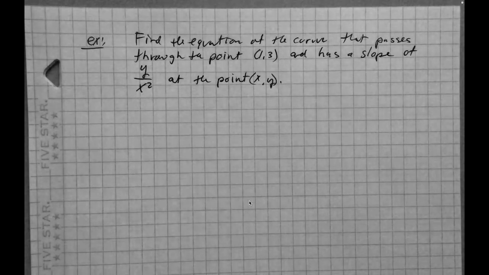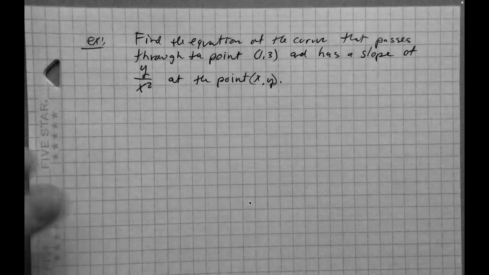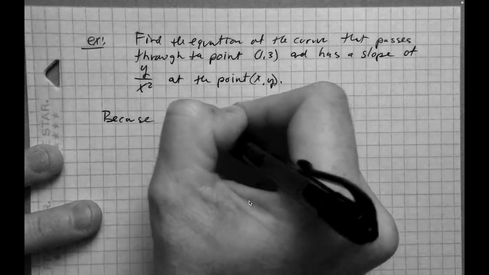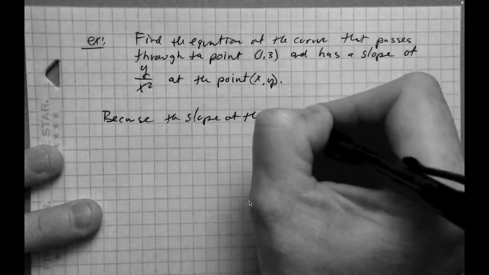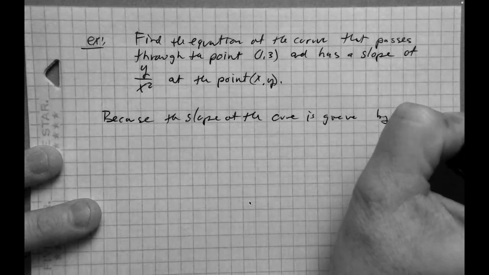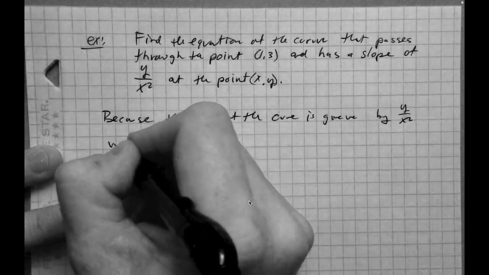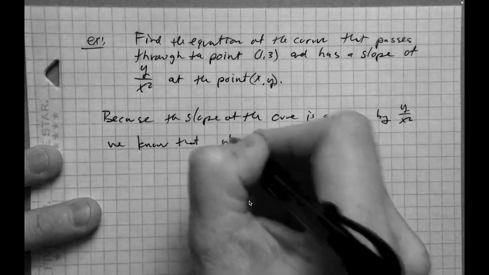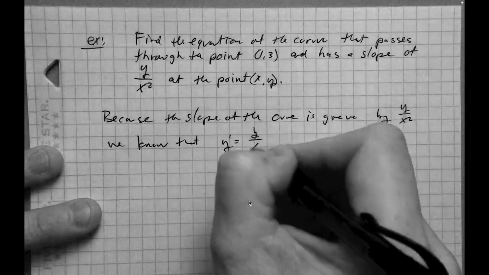Because the slope of the curve, it says, is given by y over x squared, we know that must be the derivative. So because the slope of the curve is given by y over x squared, we know that y prime equals y over x squared.